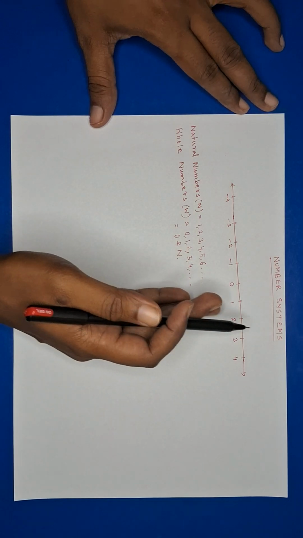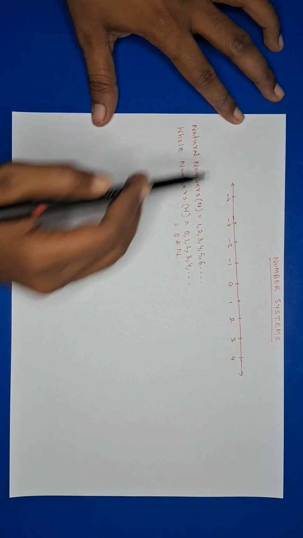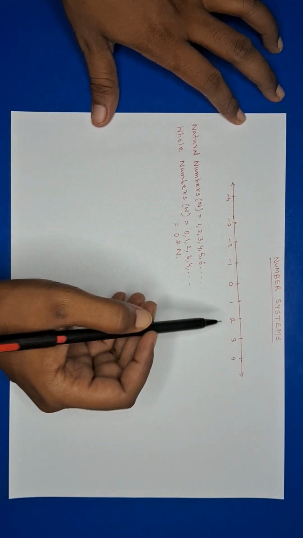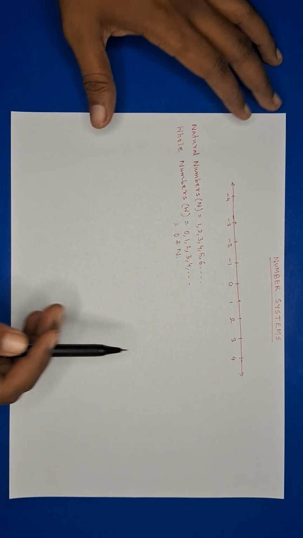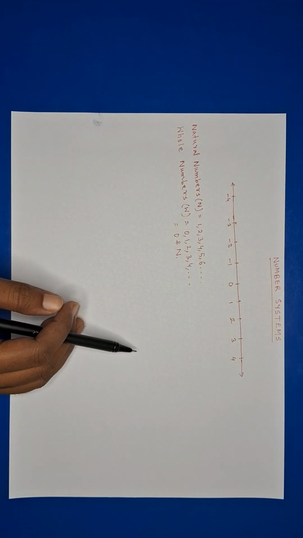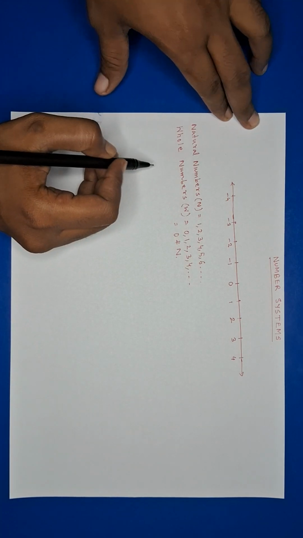Now, what about the numbers on the left side of 0? If we include this, then it will become integers. So let us define integers.